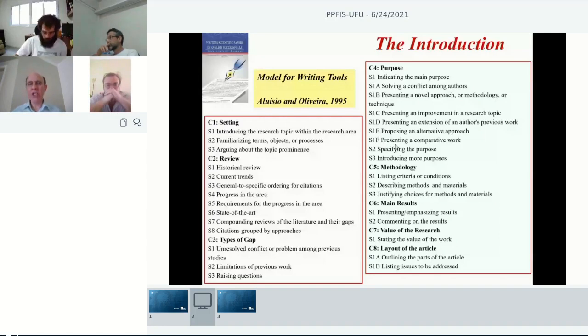So this is a model for an introduction. The introduction can have up to 8 components. So setting, again similar to the abstract, review and different ways of writing the review of the literature, types of gap, purpose, methodologies, and so on and so forth. Every component has different strategies that you could use. Obviously, in a single introduction, you don't use all the strategies, you don't use all the components. But if you choose some of these components, these are the strategies that are normally used.